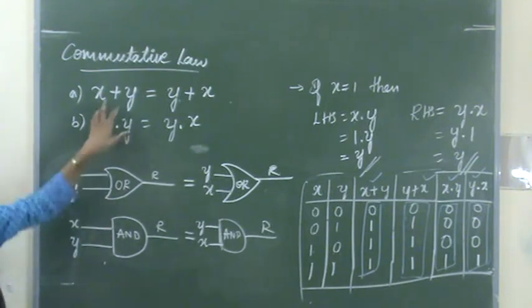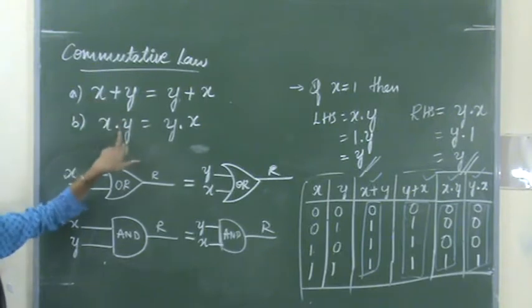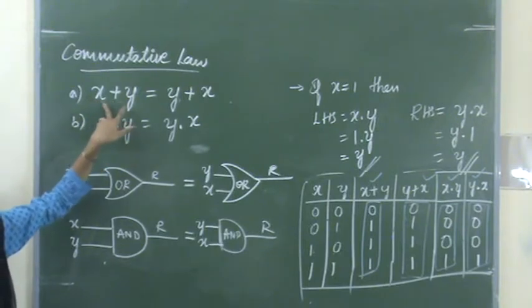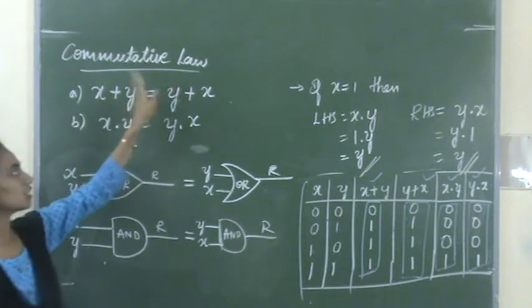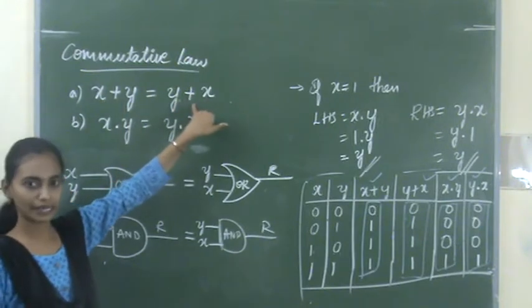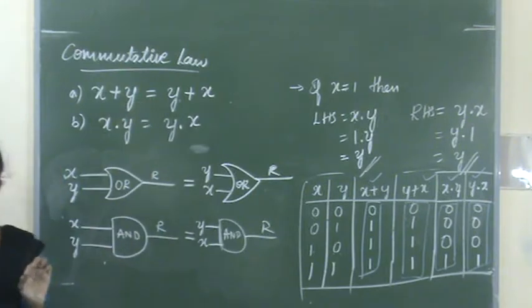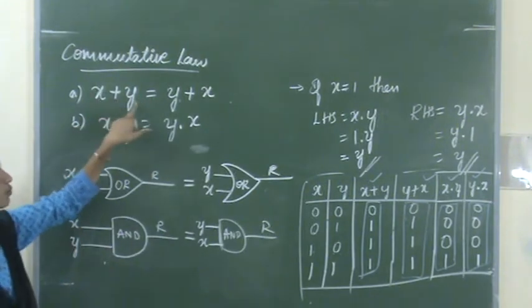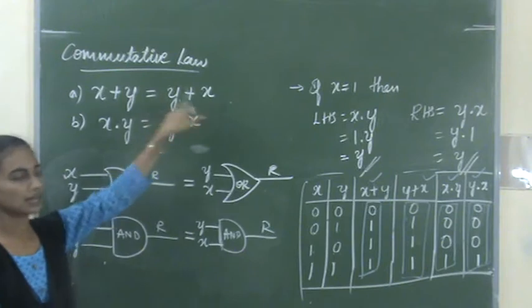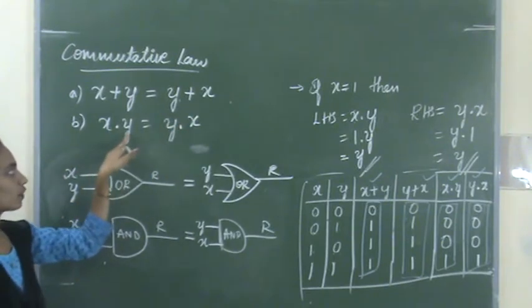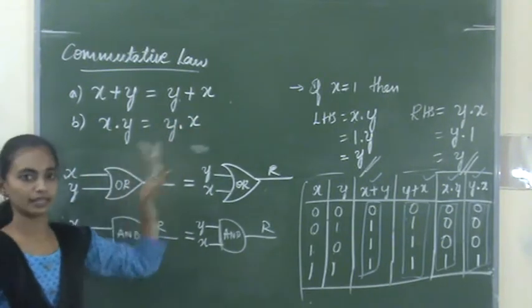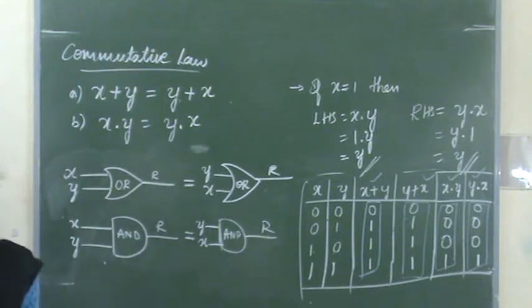Commutative law means, if you are performing any operation with two variables and you change those variables' places, we get the same result in both situations. That is X or Y is equal to Y or X, and X and Y is equal to Y and X. So this is about commutative law.